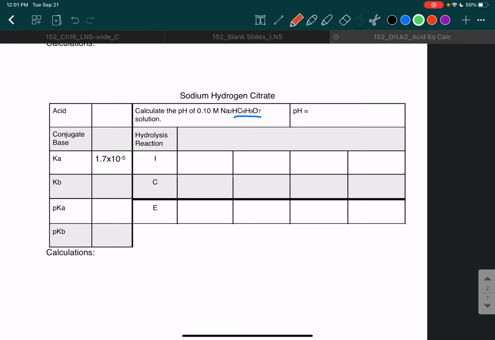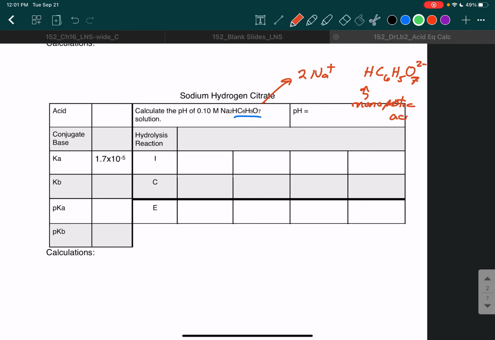So when we're looking at this particular example, we need to recognize that when this thing dissociates in solution, we get sodium cations floating around, and we also get this charged monoprotic acid. So this is a monoprotic acid.